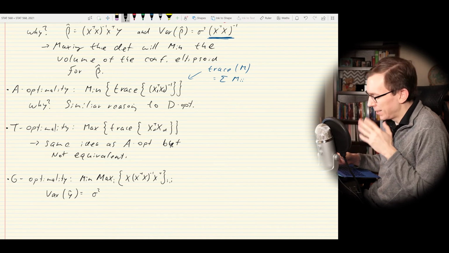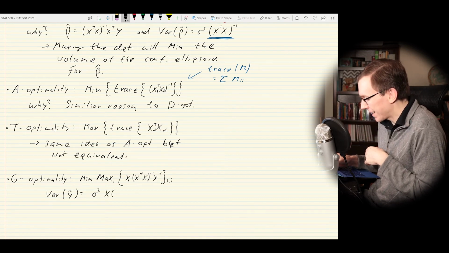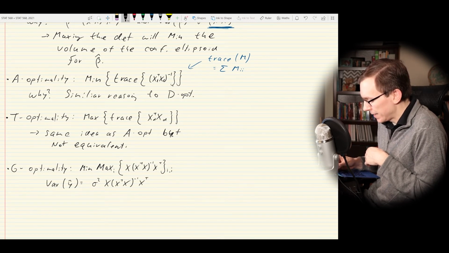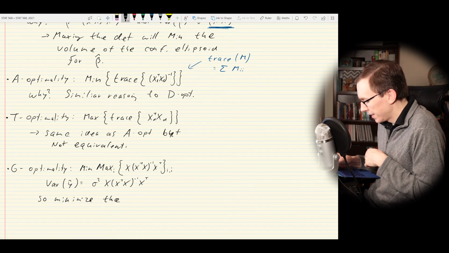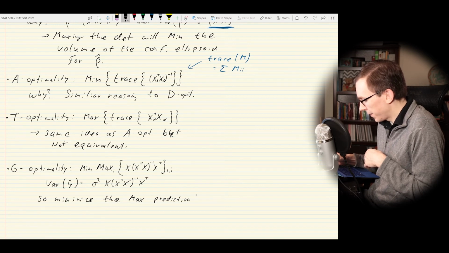It's not exactly 100% precise, but you get the rough idea. So the idea is to minimize the max prediction variance.